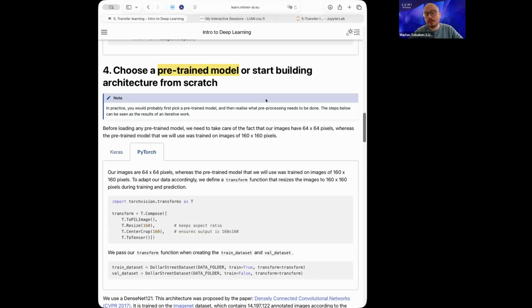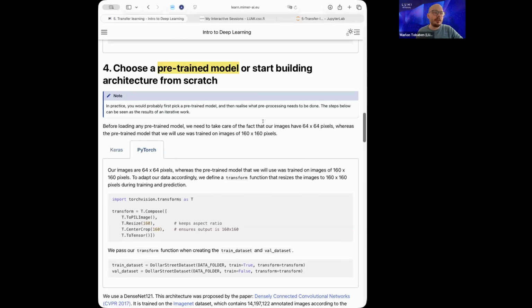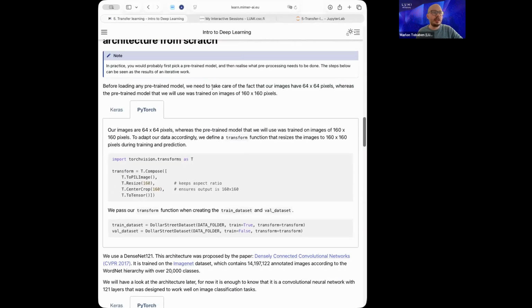There could be, for example, more pixels, so it's trained on bigger images. This is something you would do in practice a little bit iteratively. You wouldn't start knowing that you need to adapt your data to a certain size, but first you would probably pick a model.